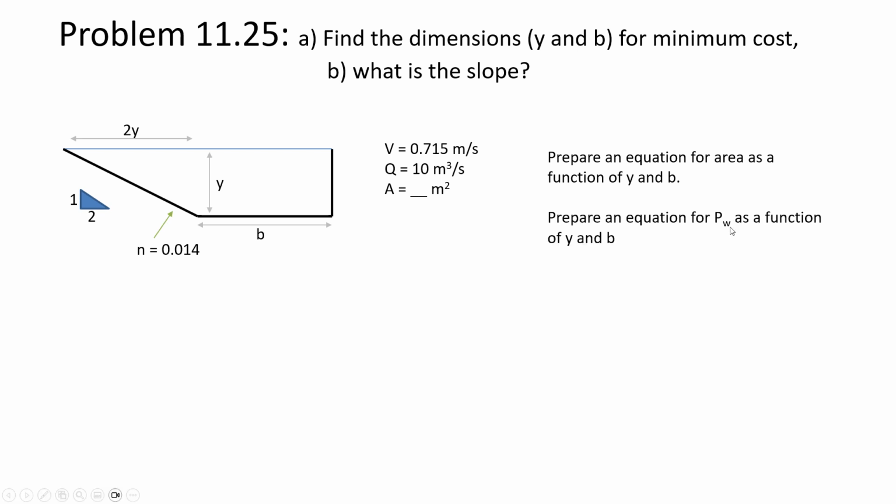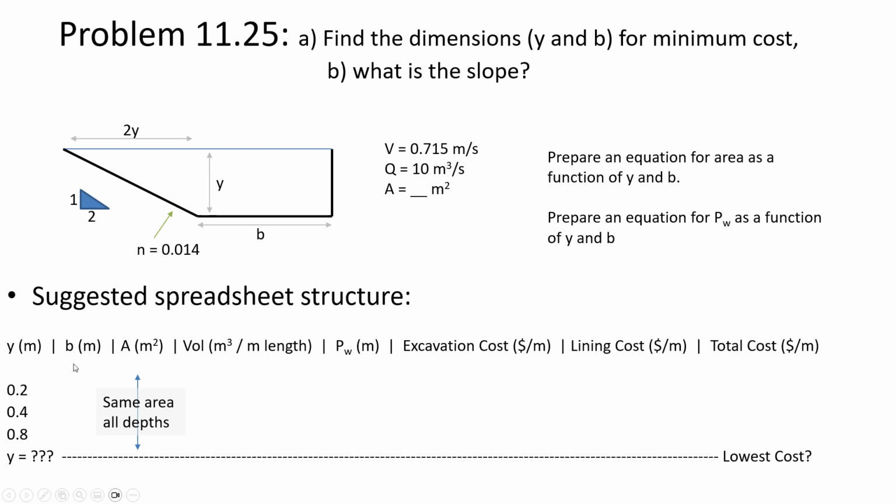So you should prepare some equation that calculates the wetted perimeter based on what is the depth and what is the bottom width, B, because wetted perimeter is one of the costs. The cost of the liner is based on the wetted perimeter. The cost of the excavation is based on the area.